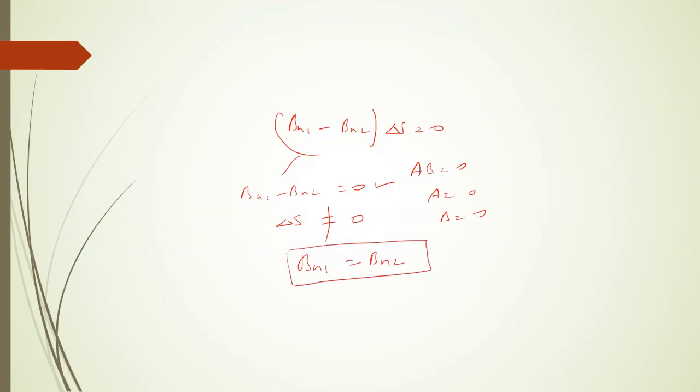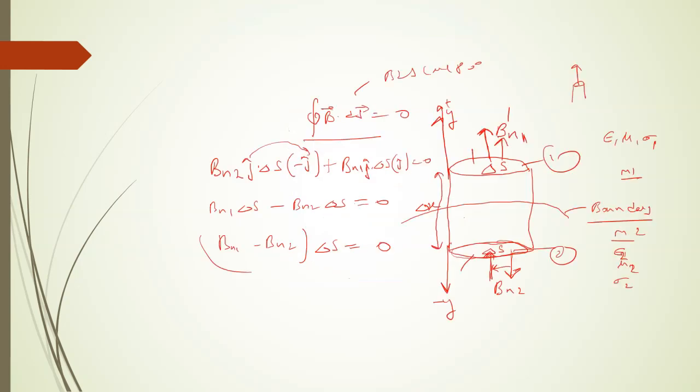This is our result: the normal component of magnetic flux density is continuous. Continuous means that both components are equal across a boundary, and this is the fourth boundary condition for electromagnetics. Just remember this diagram, the direction of the flux and the area element, and then you will solve it.